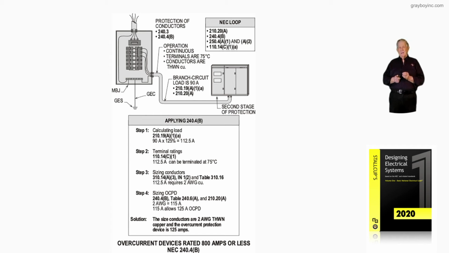I'd like to point out that some inspectors would require this to be pumped up and increased to a 1/0 because of the requirement that if it was over 100 amp, it would be 75-degree C terminals.